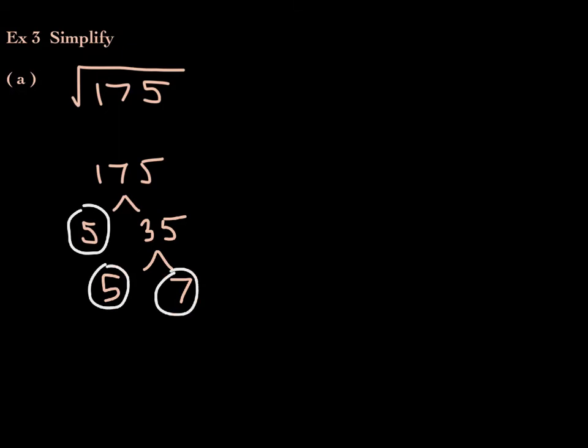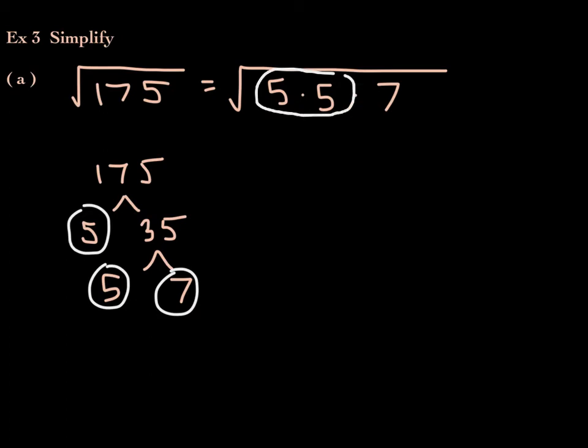And so what we can do is rewrite the square root of 175 as the square root of 5 times 5 times 7. Okay? And now, what is your index? Your index is 2. So I'll group these factors in like factors in groups of the index.